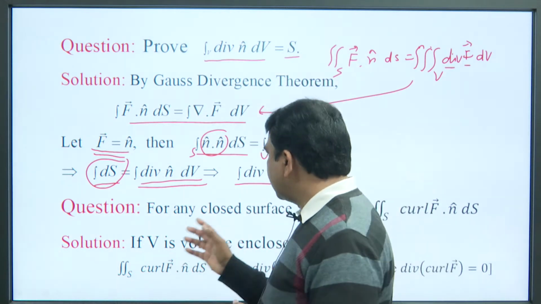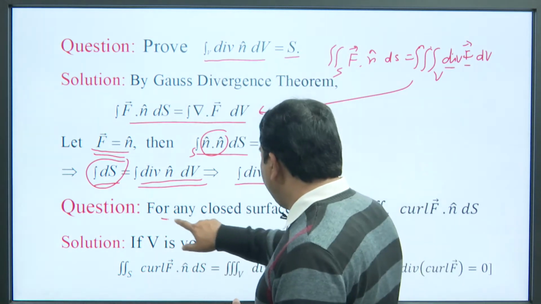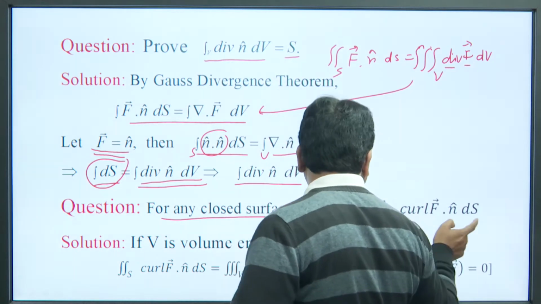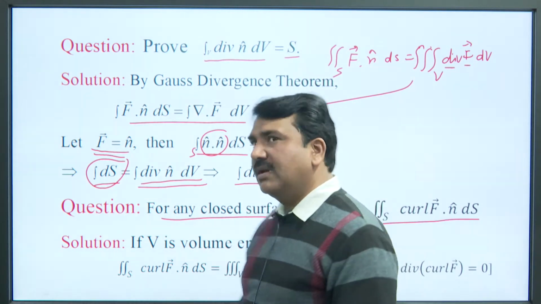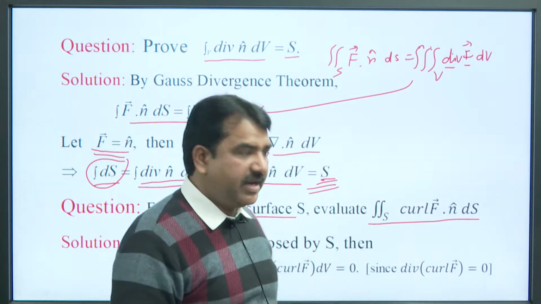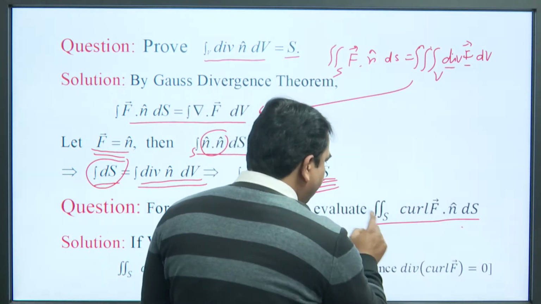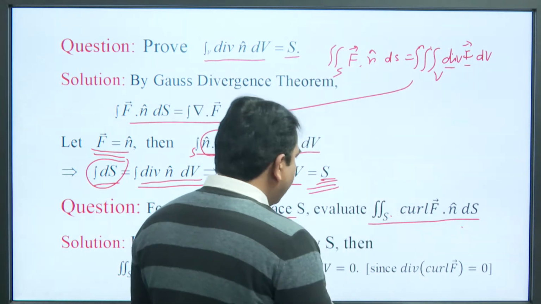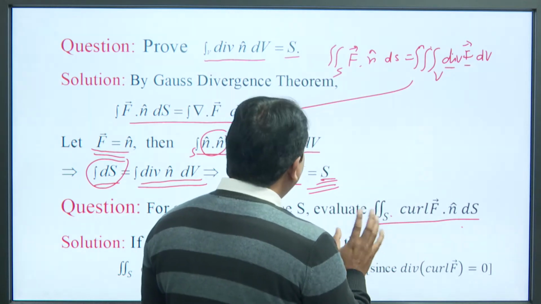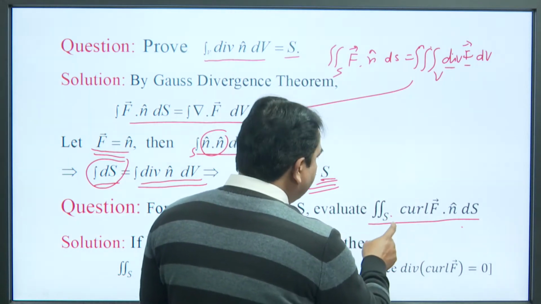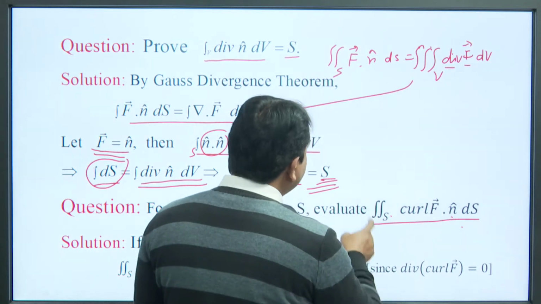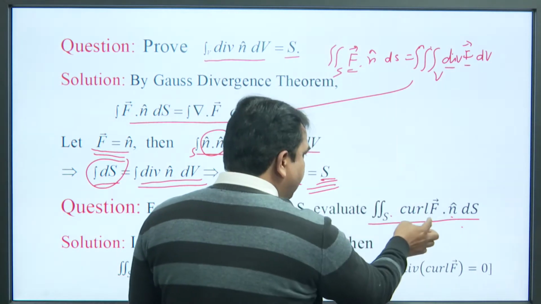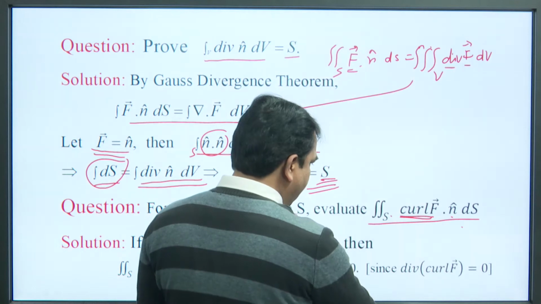Next, let us consider another example. For any closed surface S, evaluate the double integral of curl of f dot n dS over the surface S. So, here again if we apply the divergence theorem, then here curl of f dot n means the vector f is here considered as curl of f.